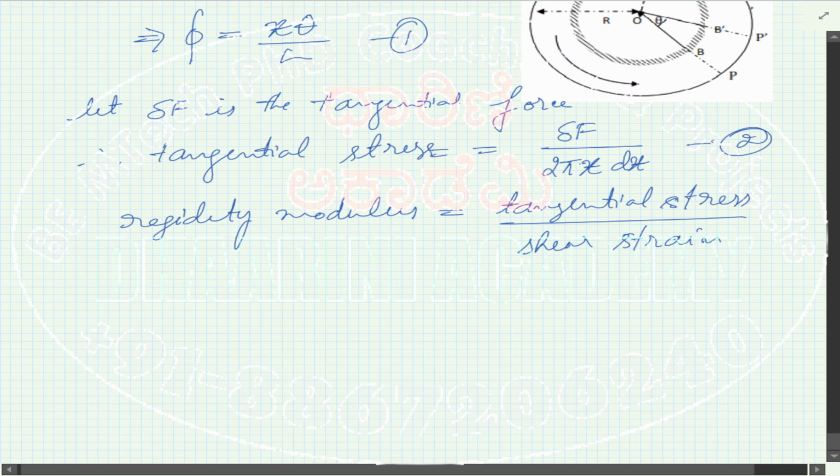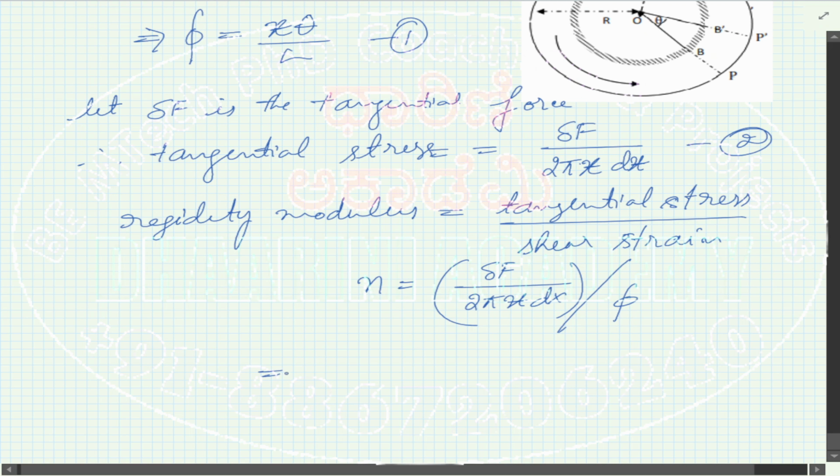From equation 2, the left hand side n, the rigidity modulus, is equal to delta F divided by 2 pi x dx, as the numerator, the whole divided by the shearing strain, that is phi.